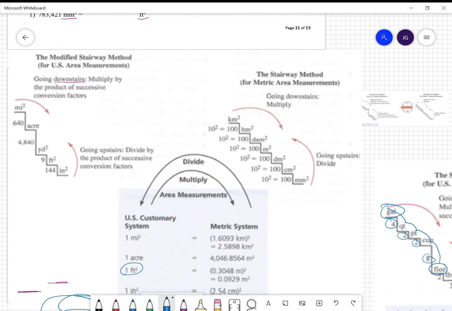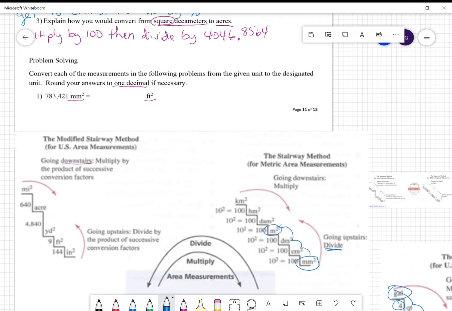Okay, so that means I need to be at meters squared. So I need to convert millimeters to meters, which means I'm going to go up 1, 2, 3 steps. So I'm going to divide by 100 to the third. So 783,421 divided by 100 to the third gets me to meters squared.